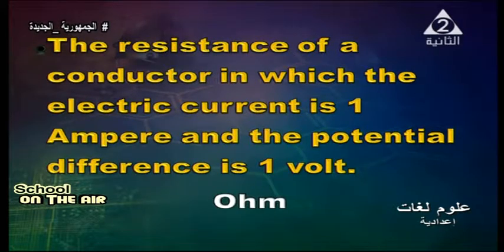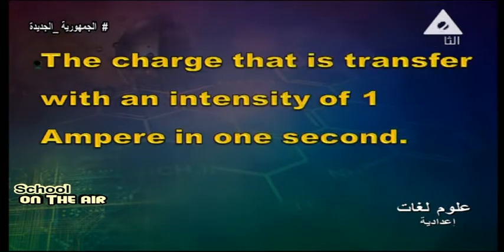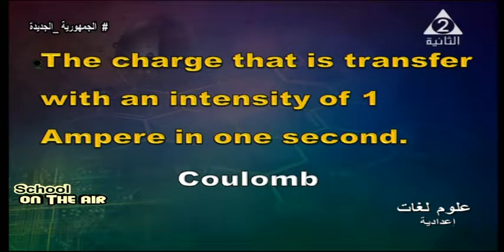It means the ohm, as a measuring unit of electric resistance. The charge that is transferred with an intensity of 1 ampere in 1 second is a coulomb, a measuring unit of electric charge, which is equivalent to ampere dot second.